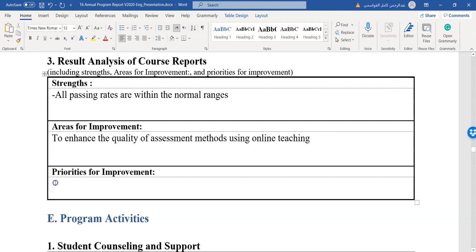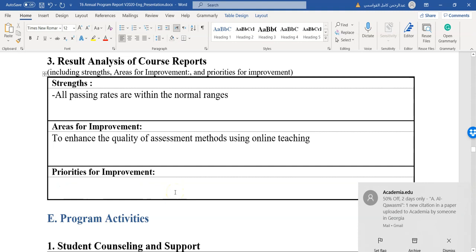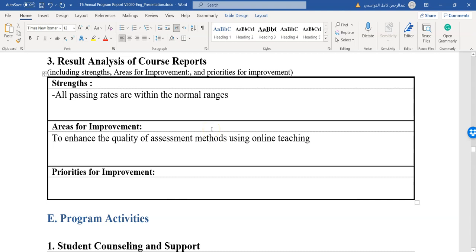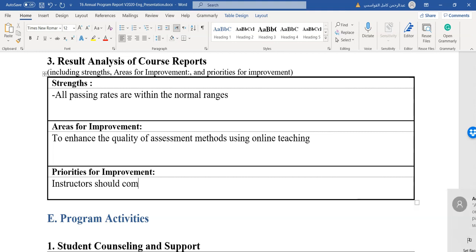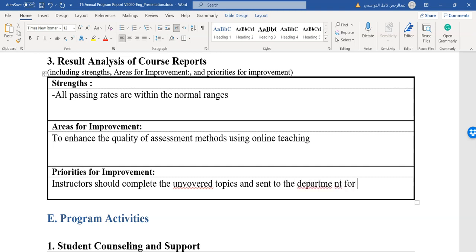Priorities for improvement is, for example, regarding the course reports, instructors should complete the, for example, covered topics and send them to the department for discussion, and so on.